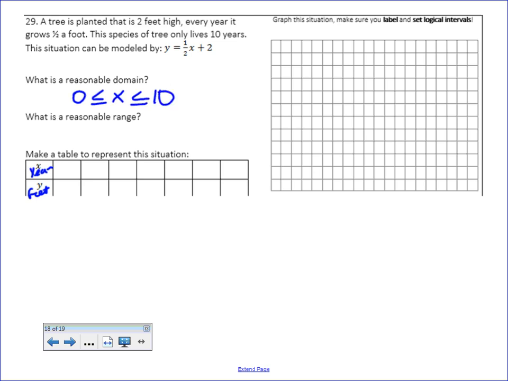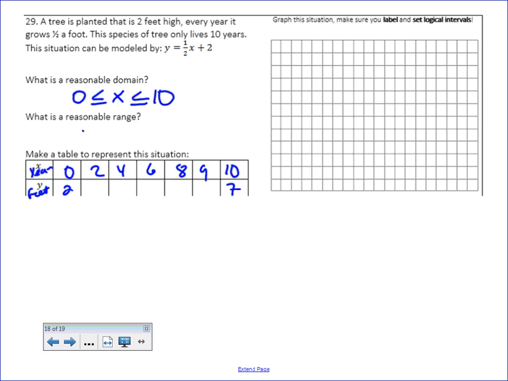Now the range is a little bit trickier. What we would do is I would plug in 10 here. So I'd go 0, 2, 4, 6, 8. We'll do a 9 and then a 10. And we know that it's 2 feet tall. Now if I plug in 10, we would get a height of 7 feet.